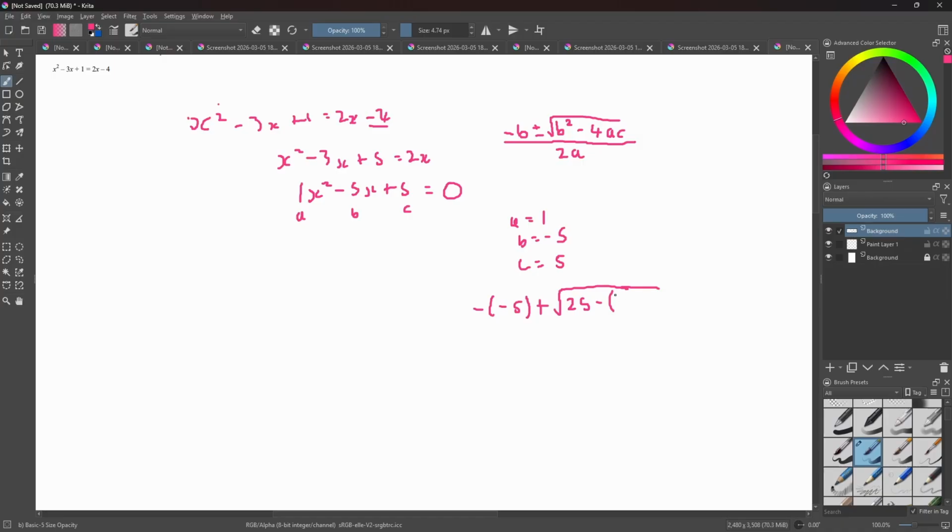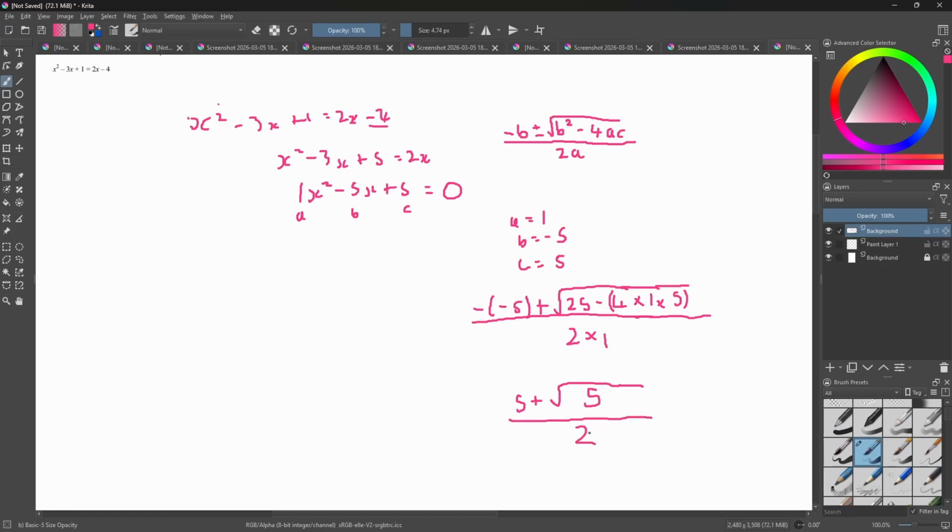Your calculator will probably do it anyway. 4 times a, which is 1, times c, which is 5, all over 2 times a, which is 1. So that gives us 5 plus the square root of 5, because 25 minus 20, over 2.